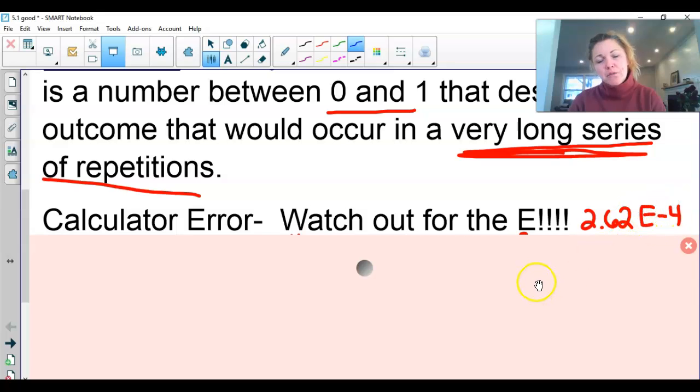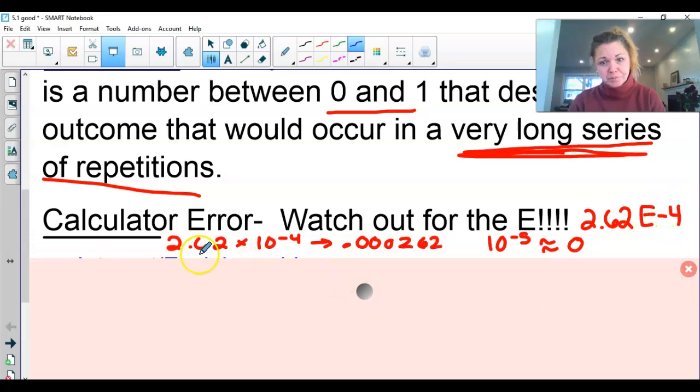This E negative 4 is actually scientific notation. So what we want to do is 2.62 times 10 to the negative 4. We're going to move that decimal back 1, 2, 3, 4 places to the left because it's negative, and that gives us this probability right here. If you get an E negative 5, so that would be times 10 to the negative 5th power, you don't need to move it back 5 places. You can just say the probability is approximately 0. All right, let's move on.